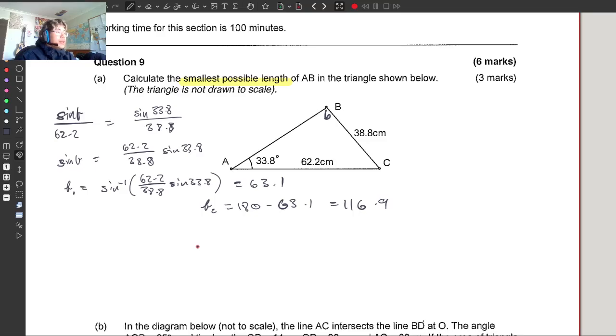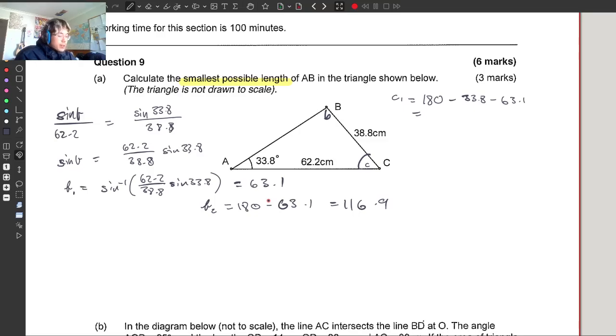Now we need to use this information to find this angle C, because with this angle C we can find this side here. By triangles we know that all of the angles add up to 180, so we can say that C1, the first angle, is going to be 180 minus 33.8 minus 63.1.